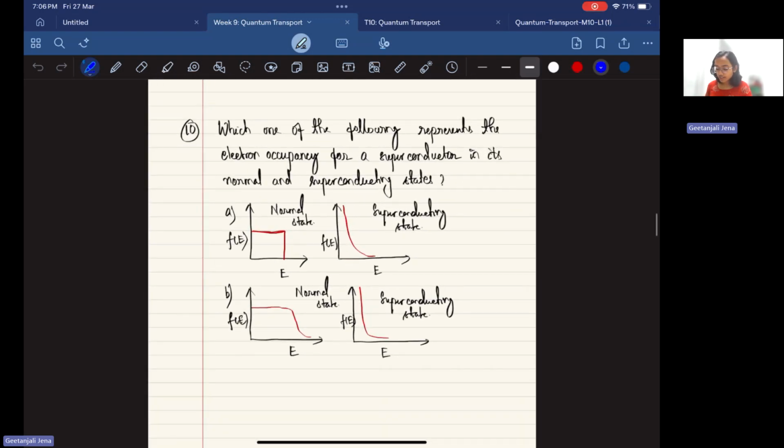Please go through the question once, then I will try to solve. The question is, which one of the following represents the electron occupancy for a superconductor in its normal and superconducting states.